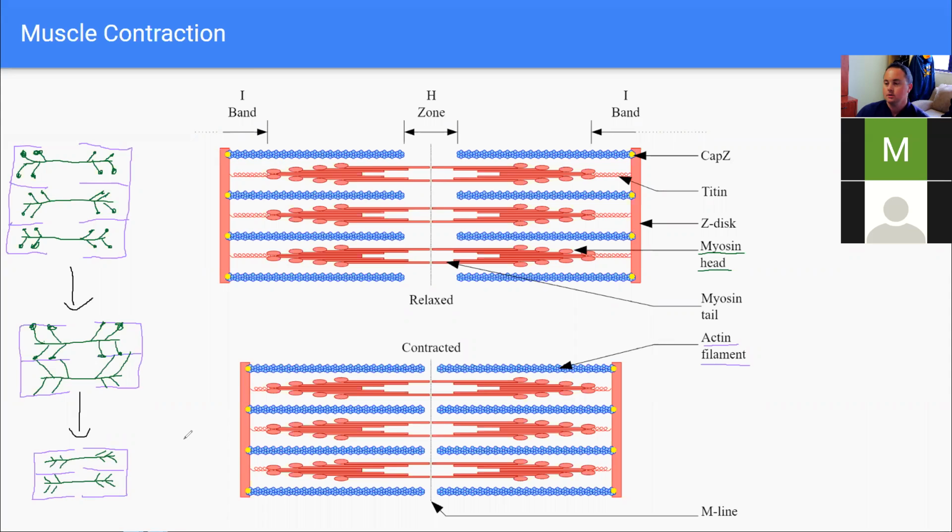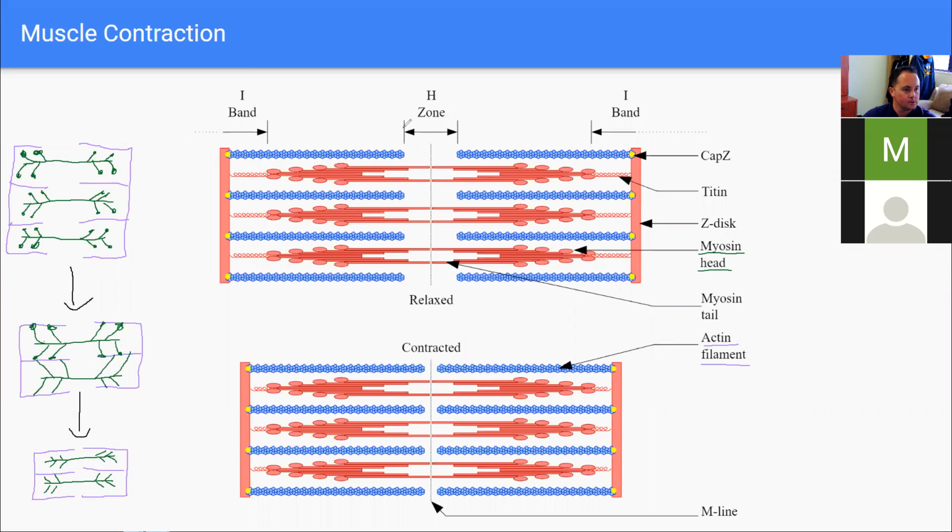Okay, so what has happened now is the myosin has dragged that actin closer together. We've taken our H zone here, which is not important to remember, and we've made this space smaller to contract the muscle.